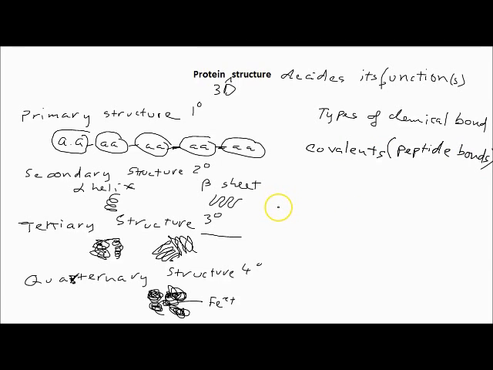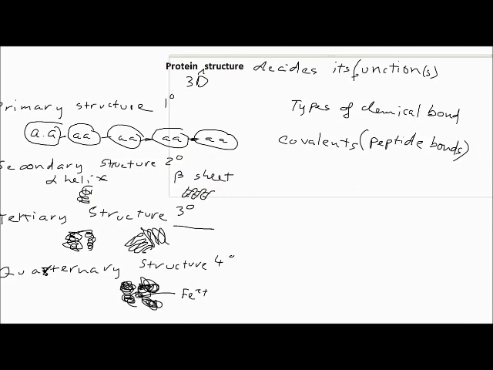Secondary structure, because you have these interactions between the amino acids from different parts of the string, the bond that puts together the alpha helix and beta sheet is the hydrogen bond.